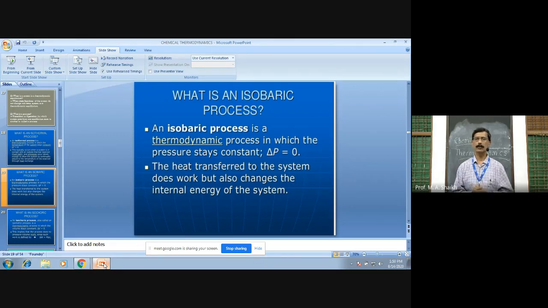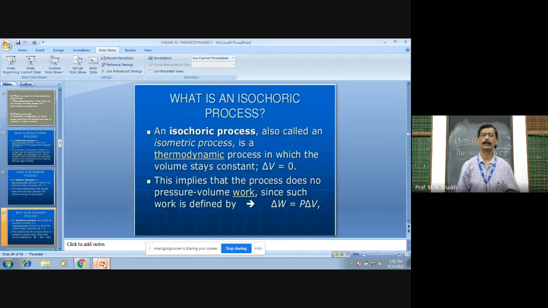Pressure is a state function. Therefore, delta P is equal to 0. Why is delta P 0? Because P2 and P1 are same. In fact, all pressure values are same. Delta P is equal to 0 is the essential condition for the isobaric process. Okay, now see the next slide.